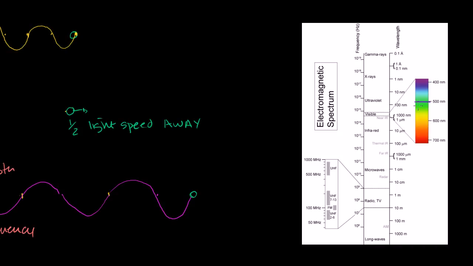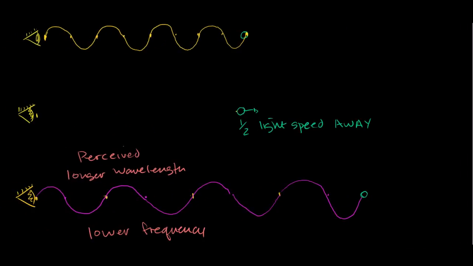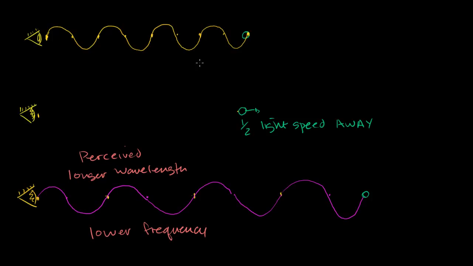But if all of a sudden, because the object is moving away from me at this huge velocity, the perceived wavelength becomes wider, then from my perception, it's going to have a wider wavelength. And you can see what's happening. It will look redder. It will move towards the red part of the spectrum. And this phenomenon is called redshift.